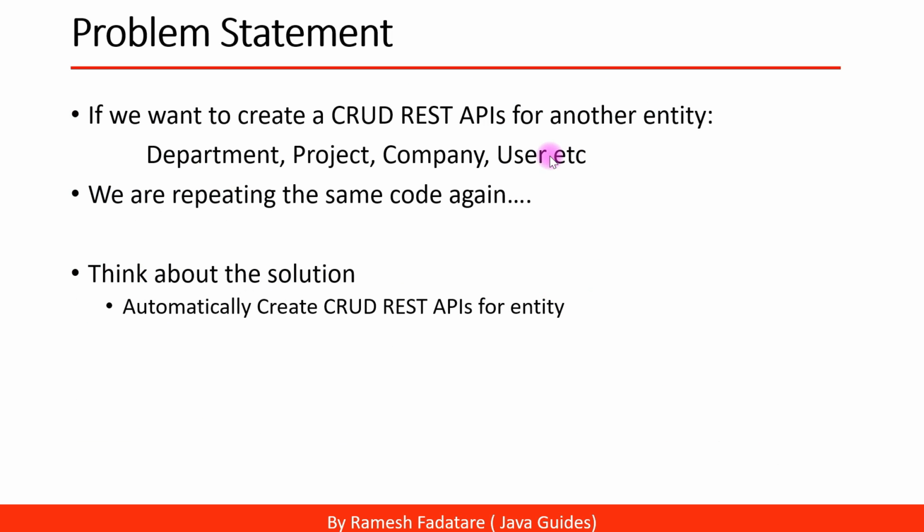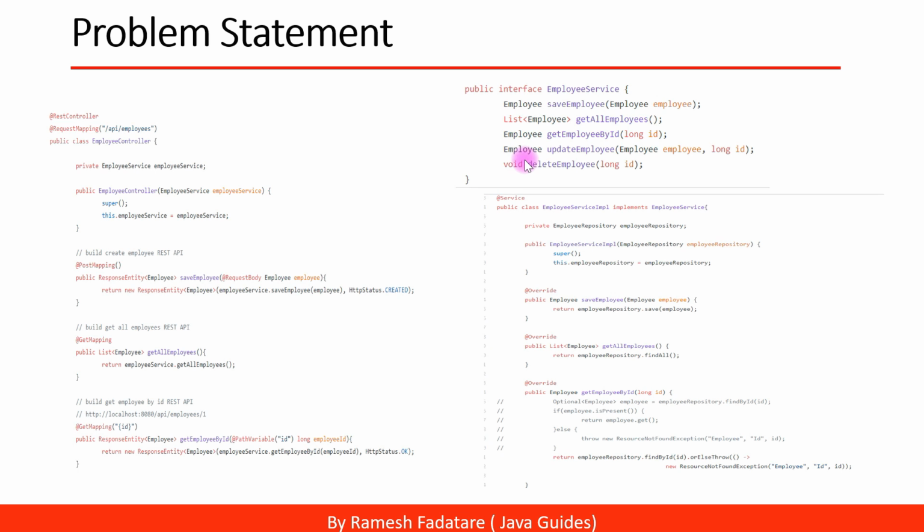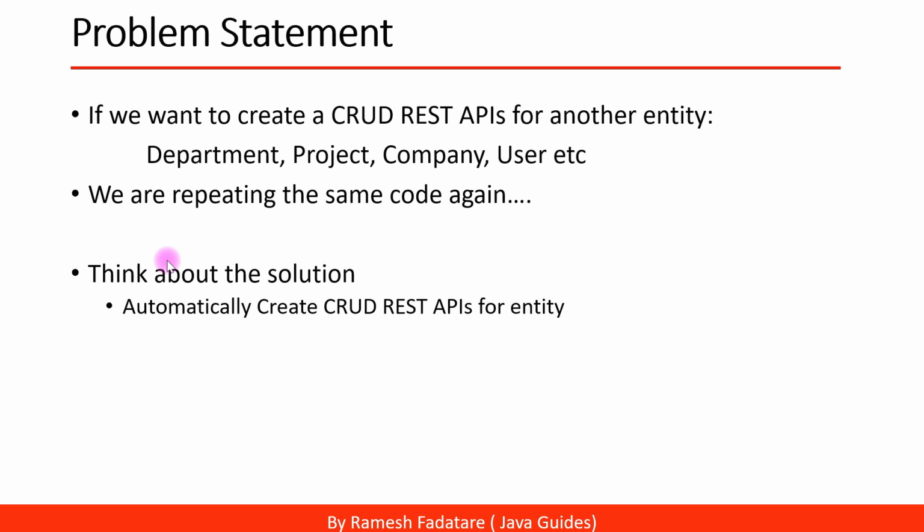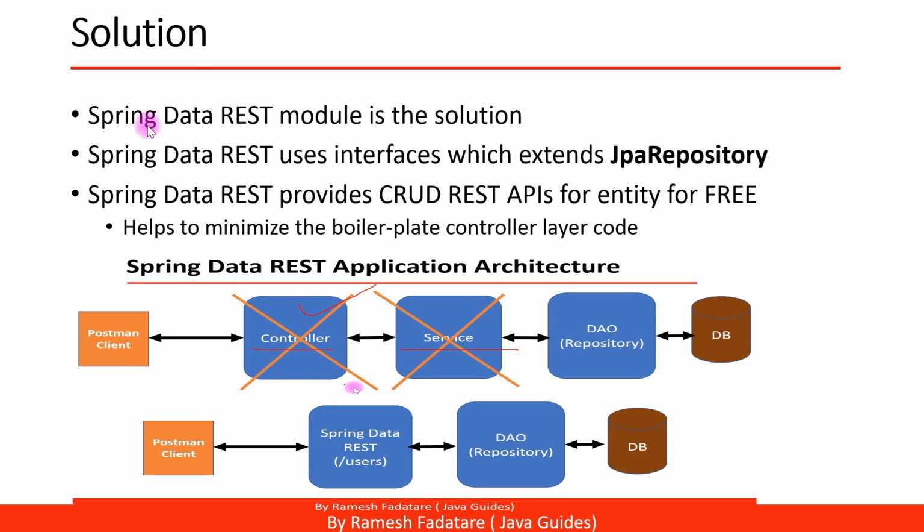Okay, so we are basically repeating the same code again and again. Alright, so we can think of the solution for this problem. The solution can be automatically creating REST APIs for an entity. Okay, we are only changing the entity name here, but the code remains the same. Okay, so that is the problem that Spring Data REST solves. So Spring Data REST module is a solution for this problem.